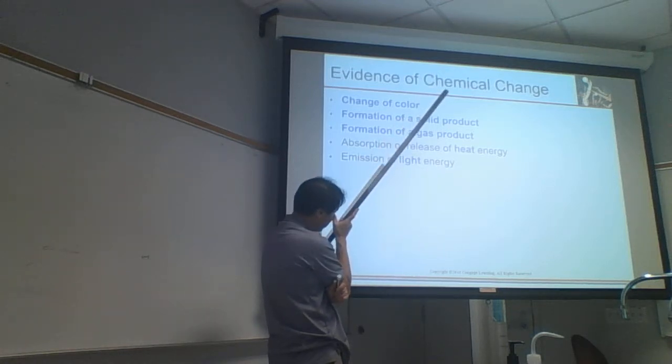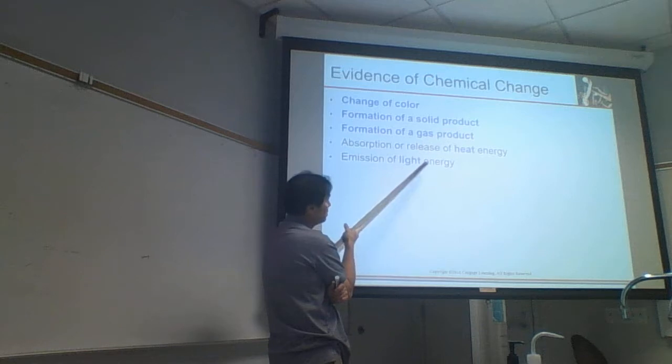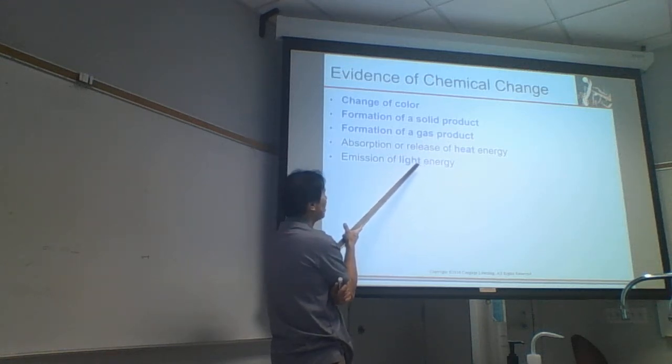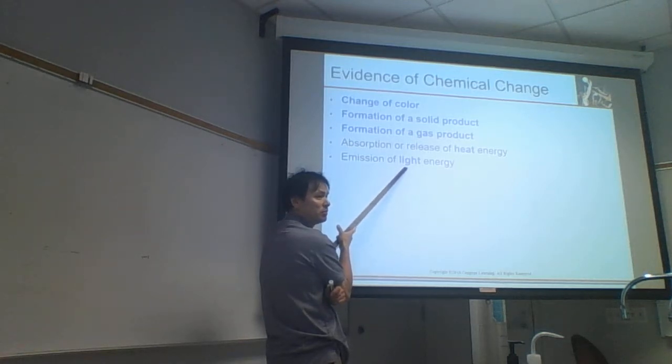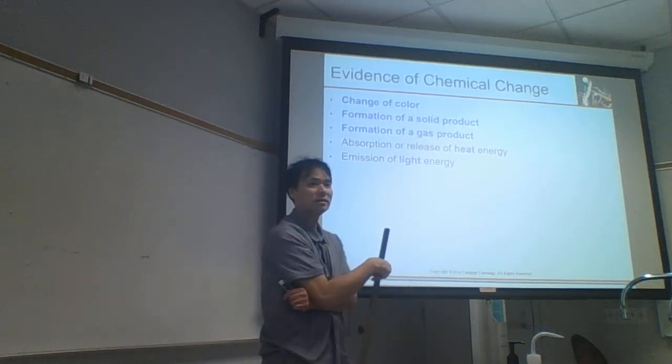Absorption or release of heat. This might be physical as well. Hot objects, do they release heat? Hot objects release heat. Cold objects, do they absorb heat? Is that chemical or physical?